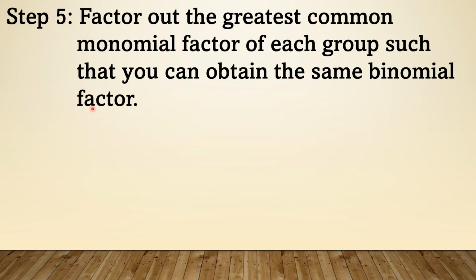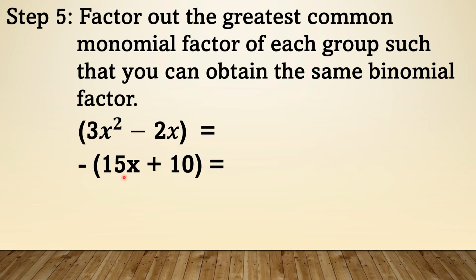Step 5, we are going to factor out the greatest common monomial factor of each group such that you can obtain the same binomial factor. So the first group is the quantity of 3x squared minus 2x, and the second group is minus the quantity of 15x plus 10.